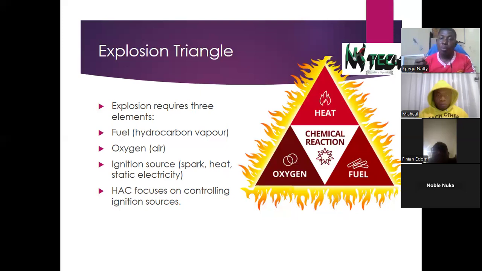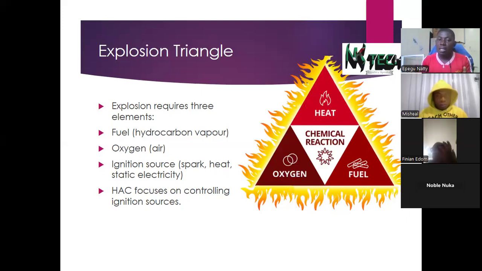Of course, operators will not go and light fire when they see a leak, to test and see if this thing will explode. No, so something is causing that heat. Now, what is causing that heat? Your equipment. The surface of your equipment can cause a heat that will cause explosion.